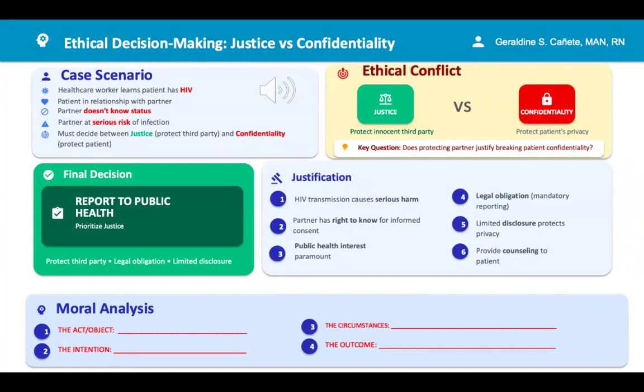Under what circumstances, if any, would it be ethically justifiable to maintain confidentiality in this case, even if it meant putting the third party at risk? What are the legal requirements for reporting HIV cases in this jurisdiction? What support services should be offered to both the patient and the third party in this situation?